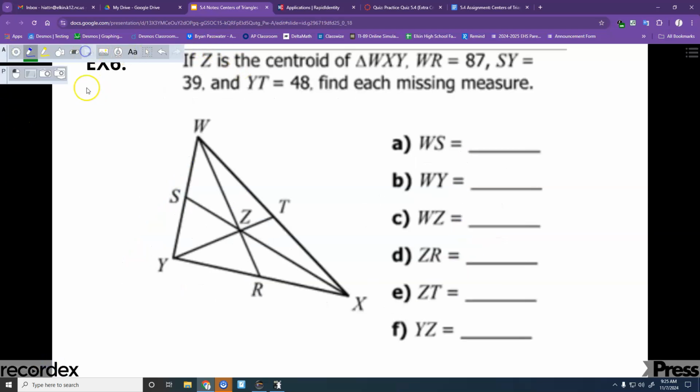This one might have a little piece that's a little bit harder, I think. Okay. Z is the centroid. So if this is a centroid, that means this piece equals this piece. This piece equals this piece. This piece equals this piece. All right, now, this one's going to be a little tougher. WR, this whole thing right here, is 87.